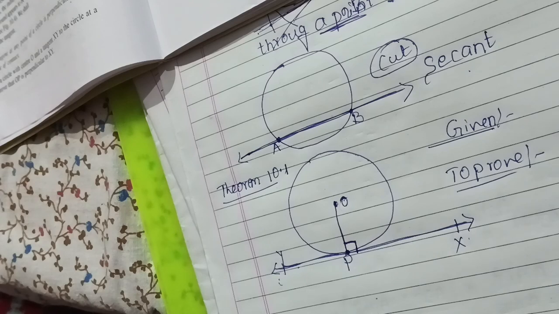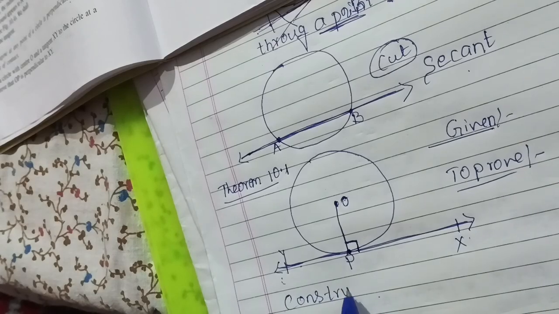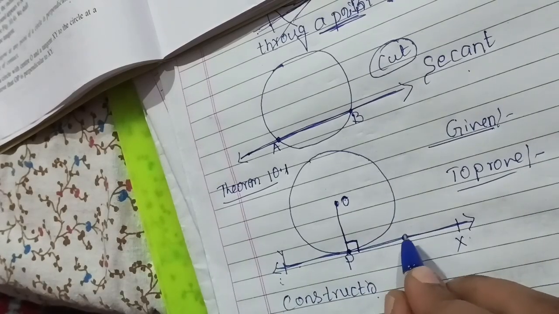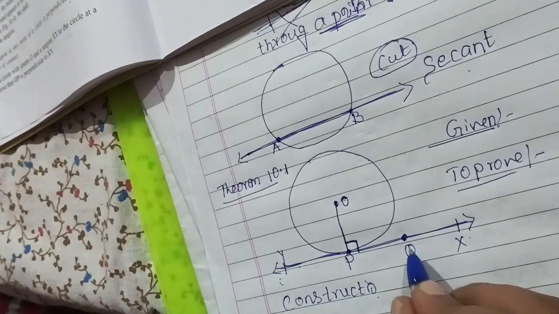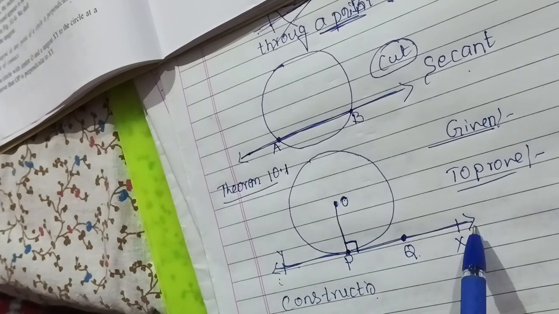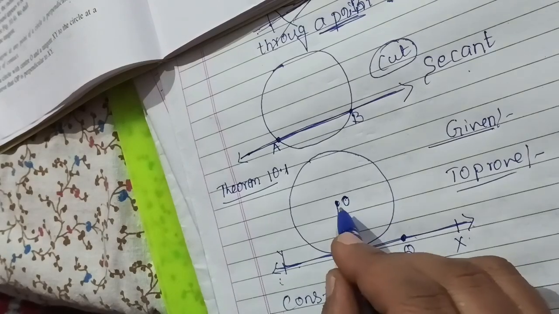Okay, so I will do a construction to prove it. Take any point Q on XY other than P. P is already a point on XY, so we have to take any one other point.